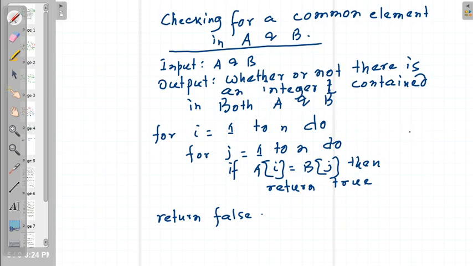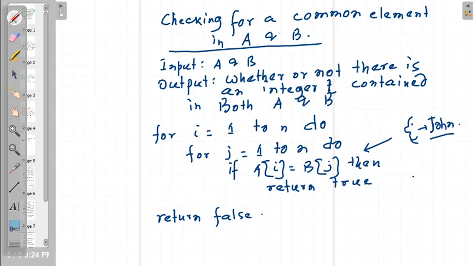This is the problem given by our John. So John has given this problem to you, and now you have to analyze it.